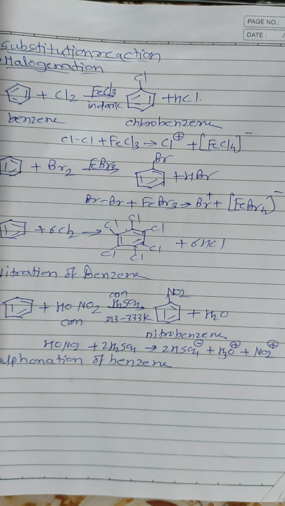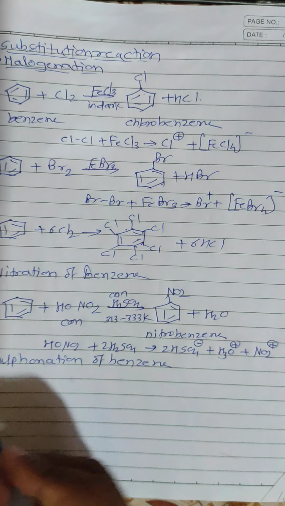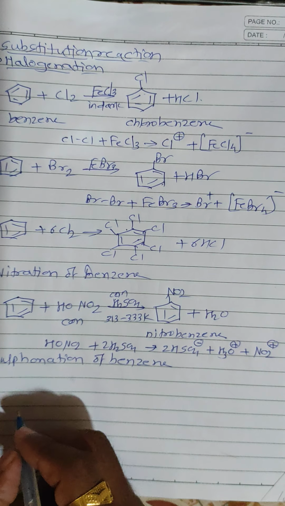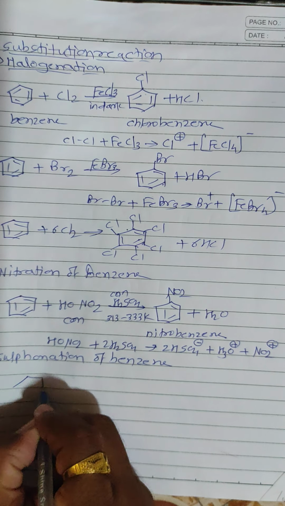When benzene is heated with fuming sulfuric acid, that is oleum, at about 373 Kelvin, it gives the corresponding benzene sulfonic acid. The electrophile is free sulfur trioxide, SO3. Formation of the electrophile: 2H2SO4 dissociates to form H3O plus, HSO4 minus, and SO3.